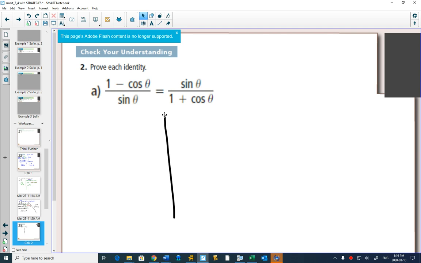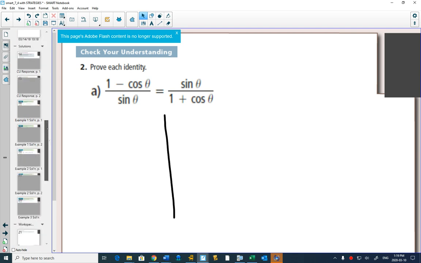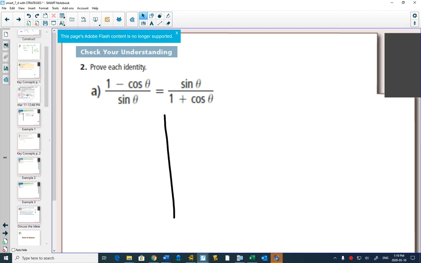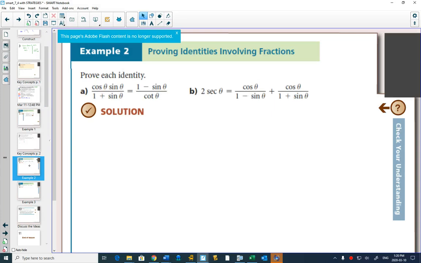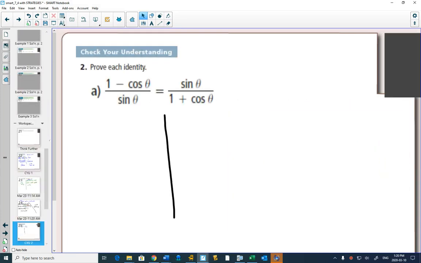So we're stuck. Now, in the strategies that we wrote down earlier, we put a star beside these red ones with an S for what to do when you're stuck. We've seen the factor strategy already, but this one, there's nothing to factor.